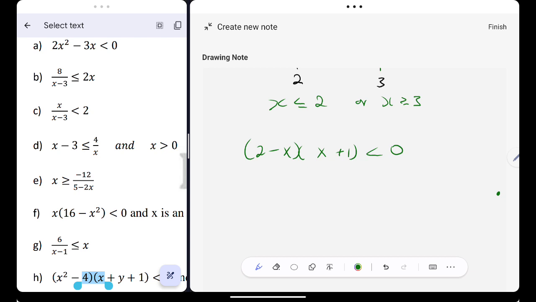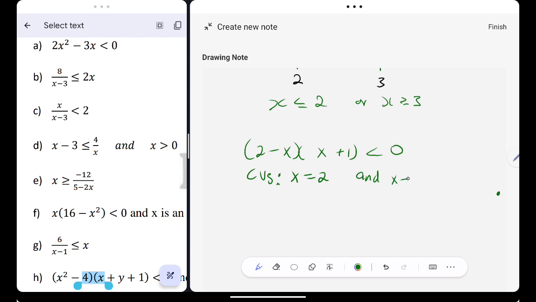The first thing you must do is write down your critical values. What are critical values? Critical values are the x values where, when you substitute in one bracket, you'll get 0, and the other bracket will also get 0. Are you together? If I say x is equal to 2 on the first bracket, I'll have 2 minus 2, which is 0. So 2 is my critical value.